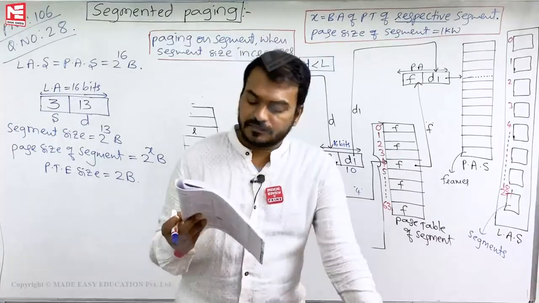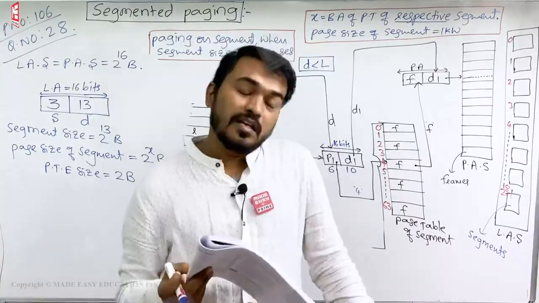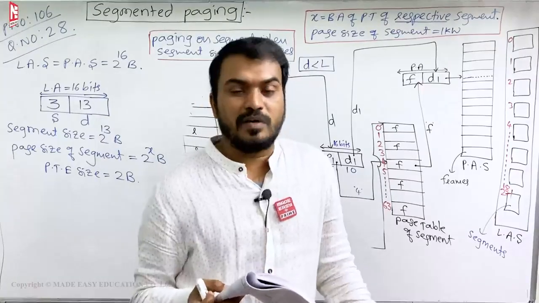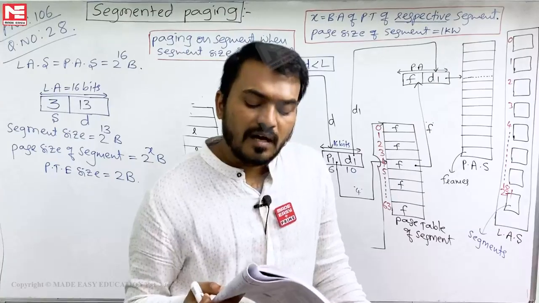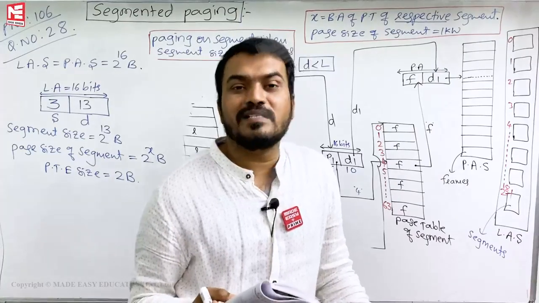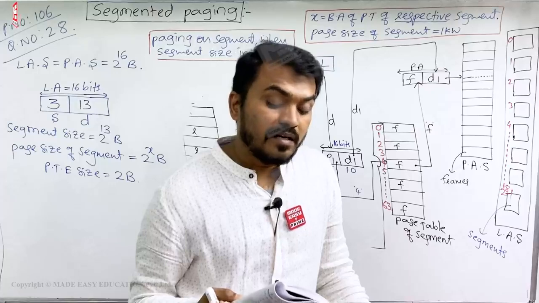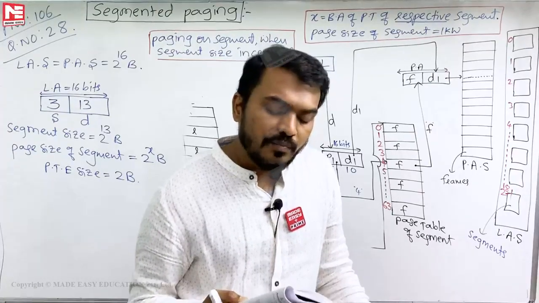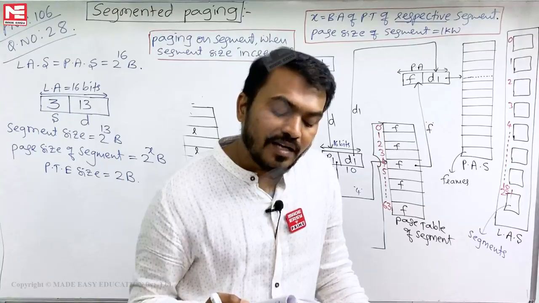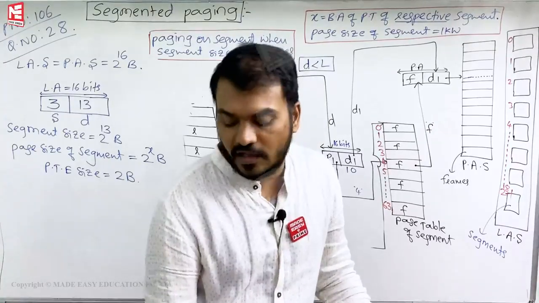So you already know that. Okay, next. Now what is the question asking? Let's try to understand that point. What must be the size of page of segment in bytes so that page table of segment exactly fits in one page frame?